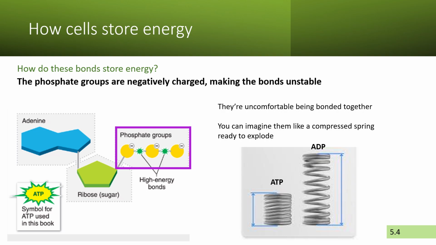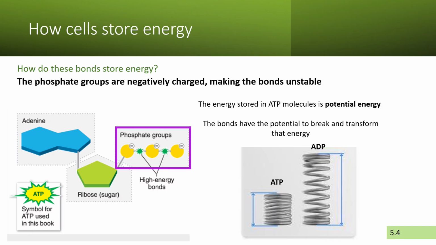When we compress the spring, it wants to go back to its stable state. So we have stored potential energy in that spring. When we release it, the potential energy transforms into kinetic energy, and the spring goes back to its stable state. The same thing is happening in ATP. Potential energy is stored in those unstable bonds and released when they break, going to a more stable state.